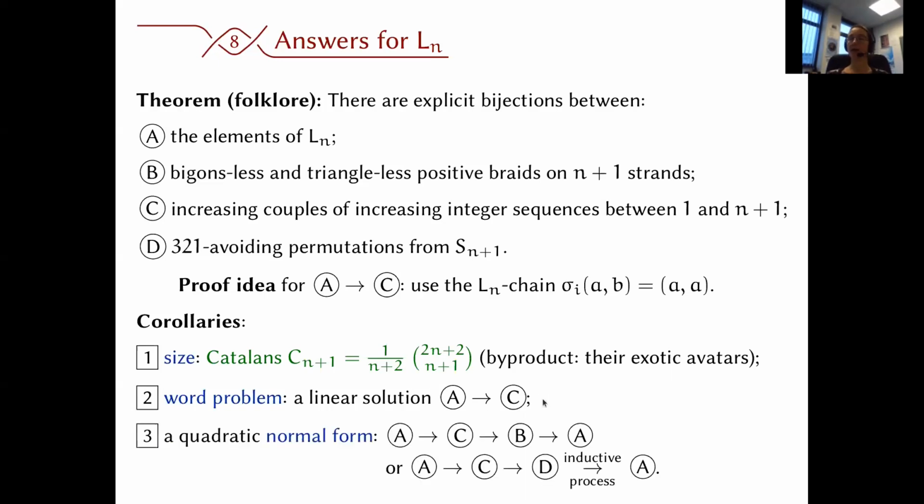And you also have a normal form which can be computed in a quadratic way. There are two ways of doing it. First of all, from a word in the generators, you can construct your two integer sequences. Then, as I showed, from these integer sequences, you can construct a braid.